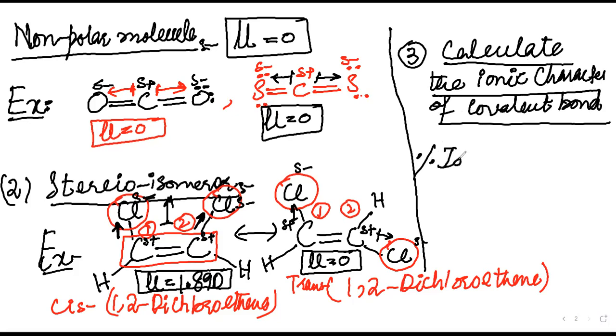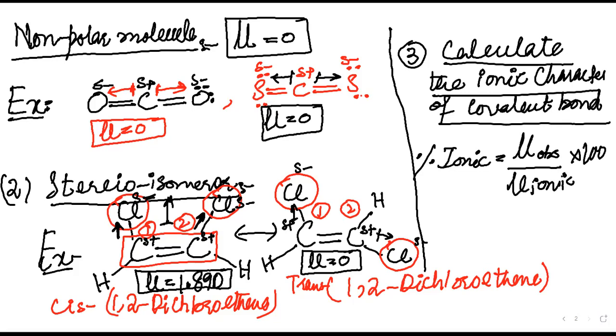Percentage ionic character is mu observed over mu ionic, times 100. This is the formula to calculate the ionic character.